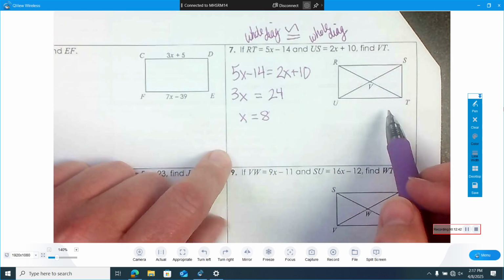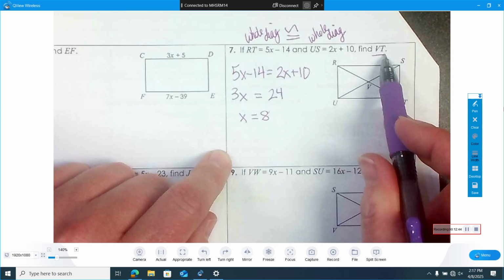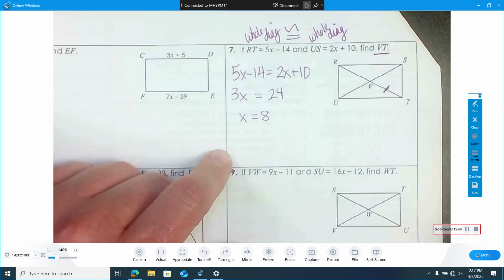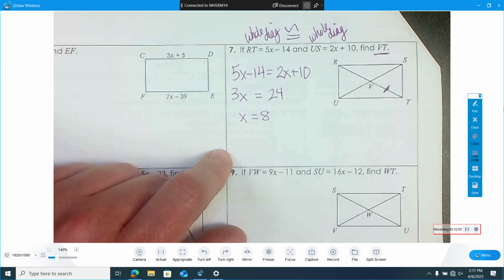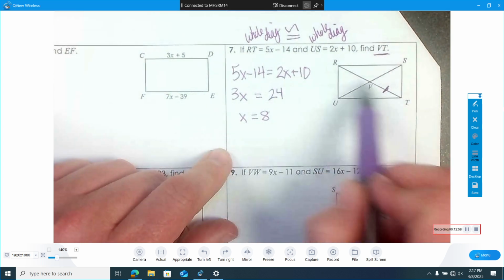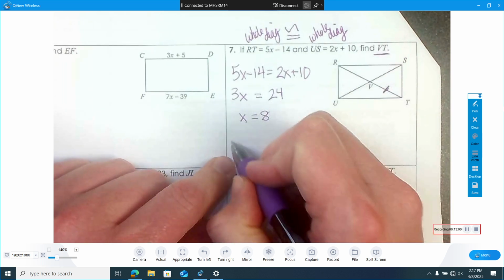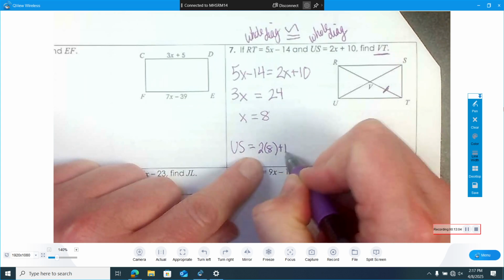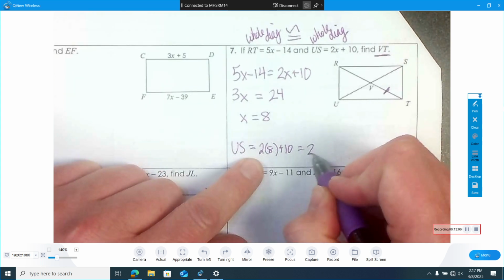How do we find VT? VT is just that little guy. Split it in half. Plug it in first and then split it in half. So we can find the whole diagonal. So like US would be 2 times 8 plus 10. That's 16 plus 10 is 26.